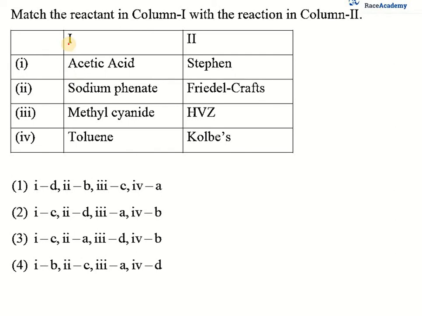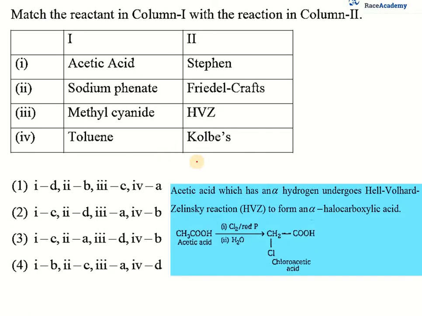Next question. Match the reactant in column 1 and the reaction in column 2. So acetic acid undergoes HVZ reaction, a named reaction because of alpha halogenation. And sodium phenate gives Kolbe reaction, toluene gives Friedel-Crafts reaction, methyl cyanide gives Stephen reaction.